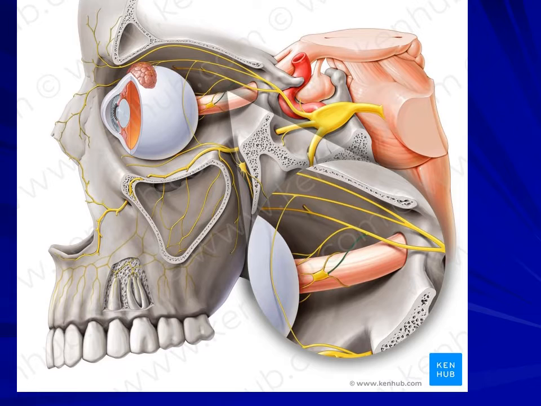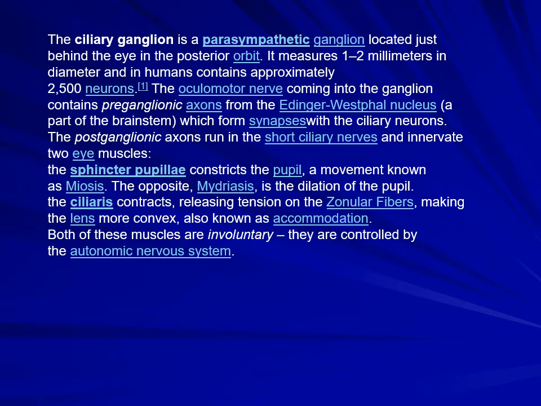Here is the ciliary ganglion with its pre and postganglionic fibers. The ciliary ganglion is a parasympathetic ganglion situated, as we have said before, near the orbital apex. It measures 1 to 2 millimeters in diameter, and it contains about 2,500 neurons.